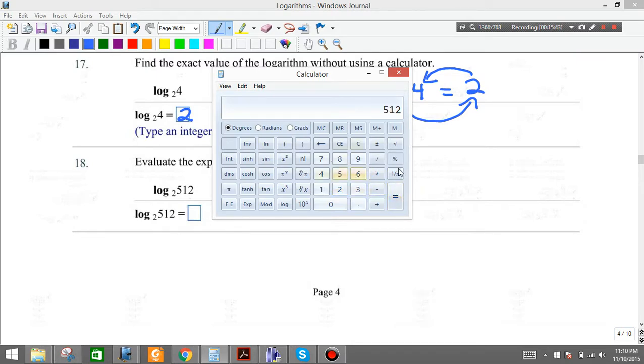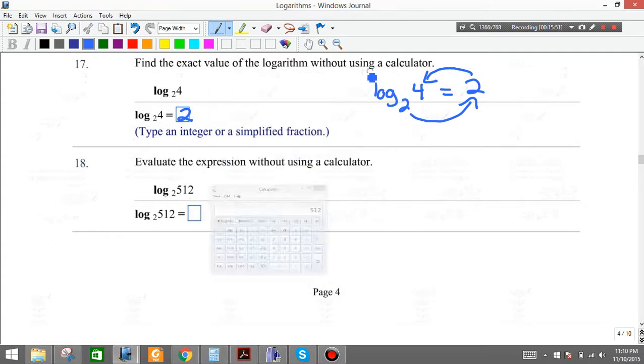I think that's 9. So we can check that 2 to the 9th is 512. And therefore, log base 2 of 512 is 9 because it's the power you need to raise 2 to in order to get 512.